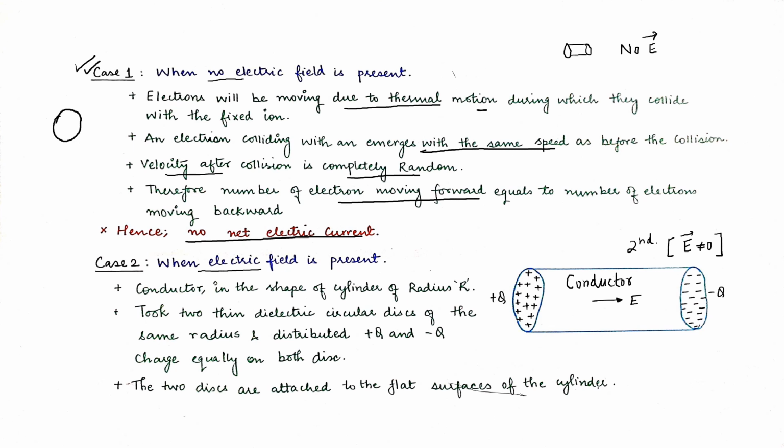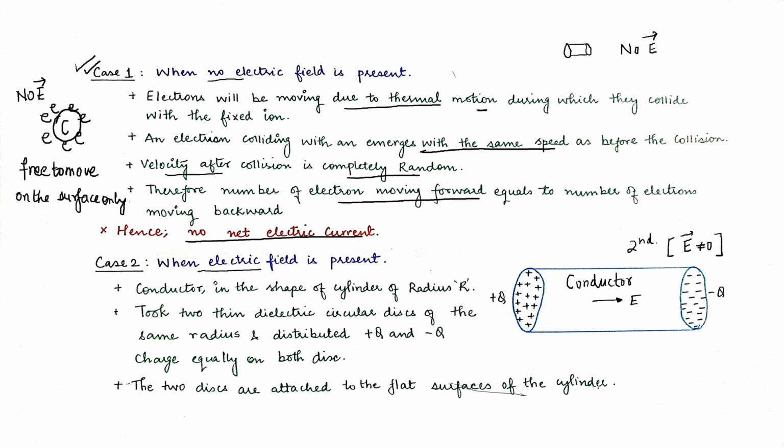Suppose this is the conductor C and there is no electric field. In such a case, the electrons present on the surface of this conductor are free to move on the surface only.